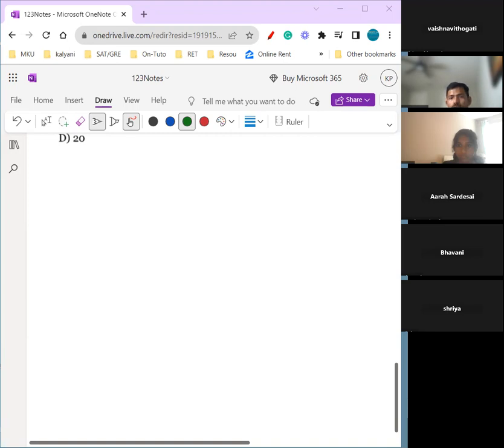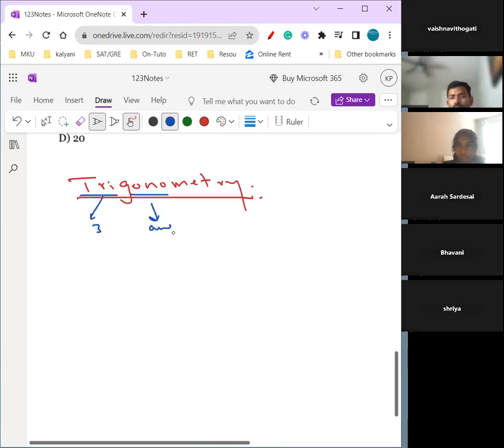Okay, so trigonometry, or trig functions. In the word trigonometry, tri means 3, gon means angles, and metry means measure. So you're basically measuring 3 angles. If you know trigonometry, you're good to go.